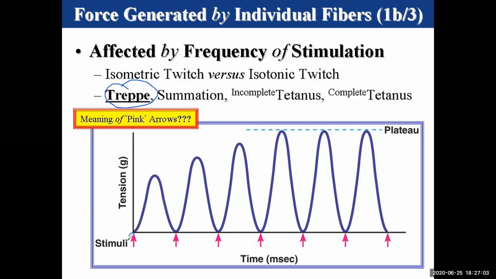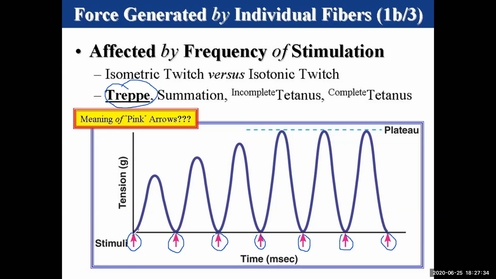You apply a stimulus, the muscle responds, and you let it come back to rest. And you apply the same stimulus, meaning all these stimuli have the same intensity. Nothing changes. You apply to the same muscle the same intensity, the same amplitude of depolarization.